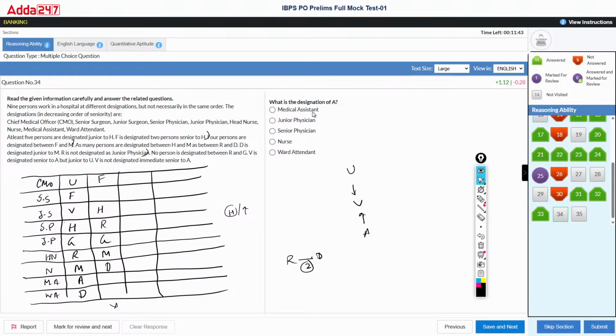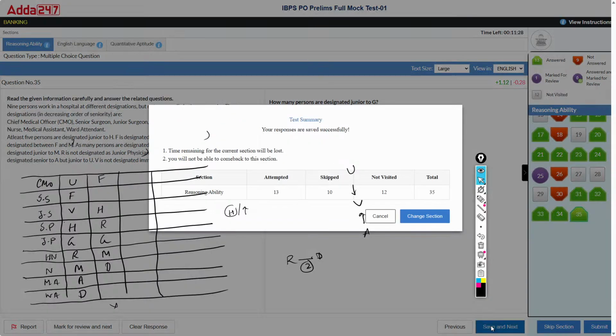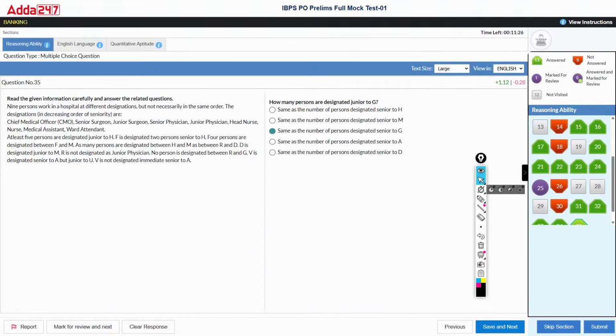A is MA. MA means medical assistant. How many persons designated junior to G? Junior to G, 4. Same as persons designated senior to G.